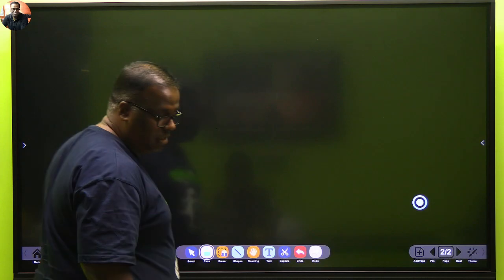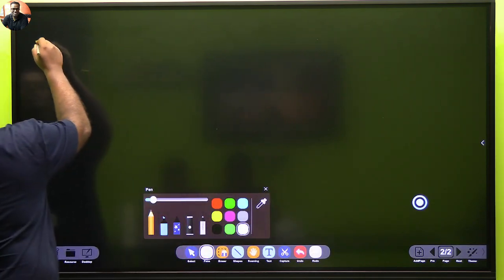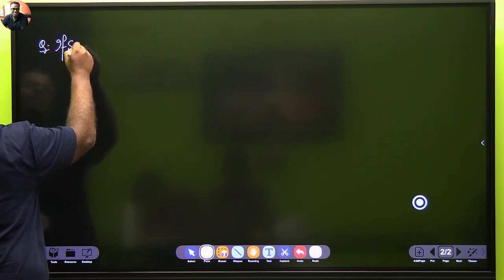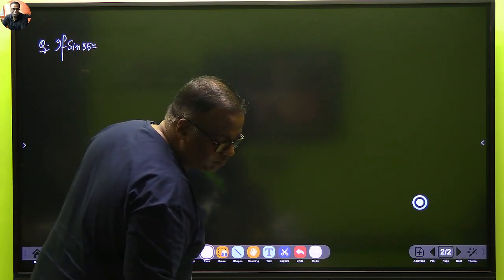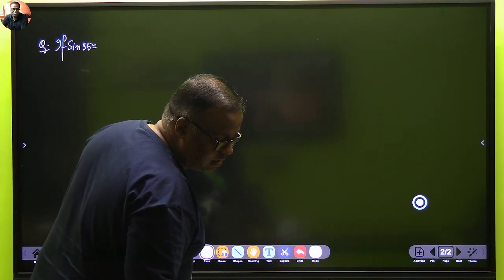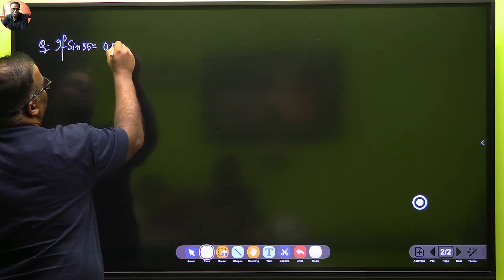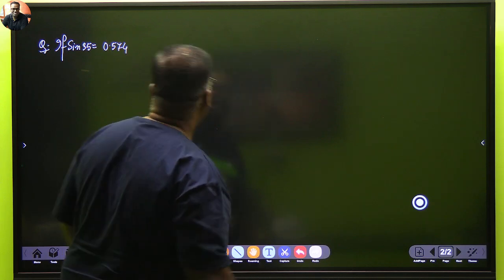The first question it tells me: if sine 35 is equal to 0.574, find another angle.